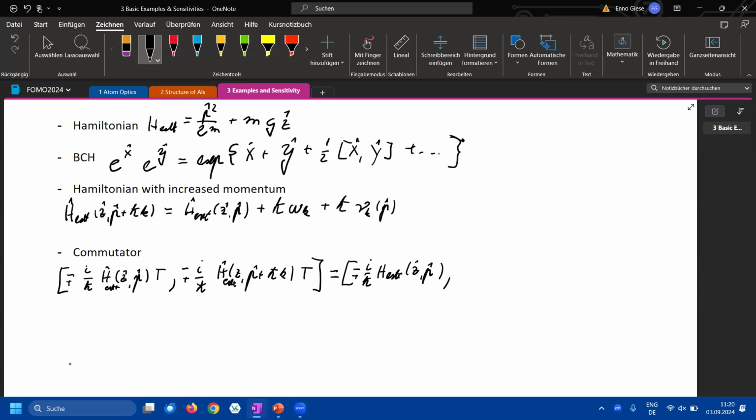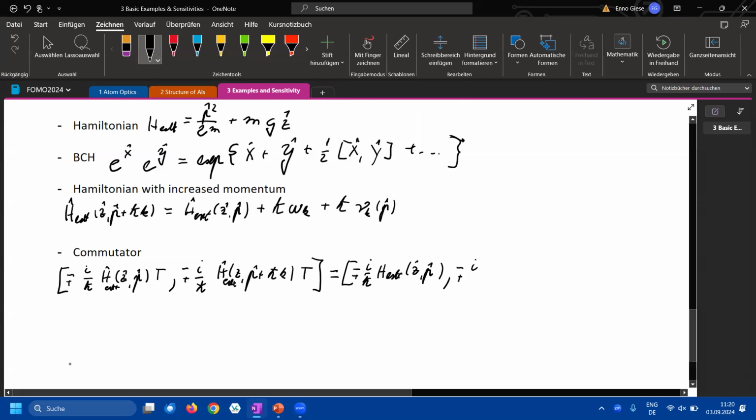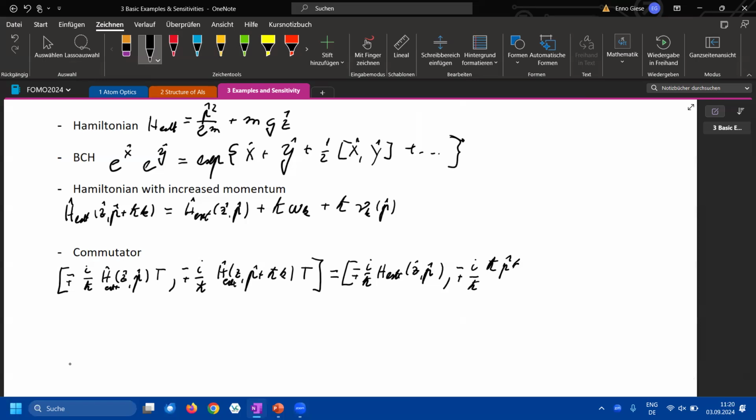But the recoil frequency is just a scalar function. There is no operator in it. So the only remaining part is effectively just the Doppler detuning. So I have minus or plus i over h bar times the Doppler detuning, h bar P times k over m times T. And of course, stuff drops out at this point.